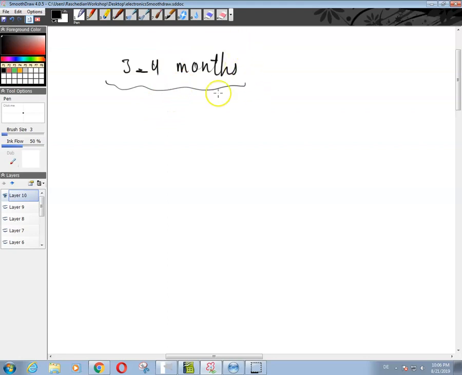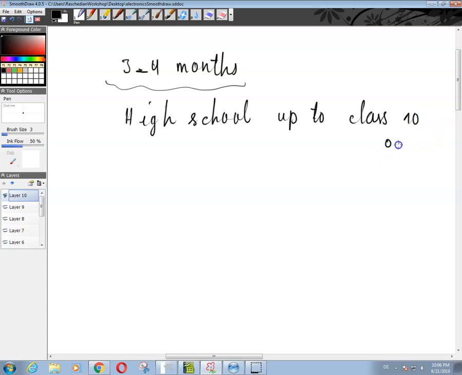And what I mean by that is basically the high school mathematics, up to, for example, class 10 or 11. More than that, usually you don't need.